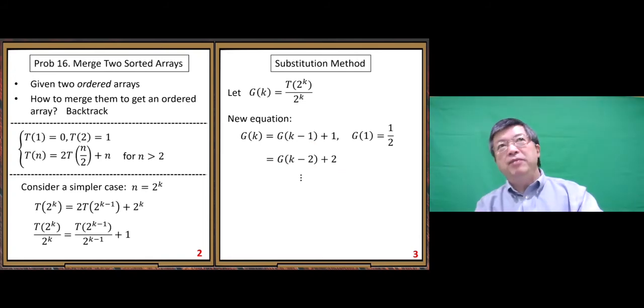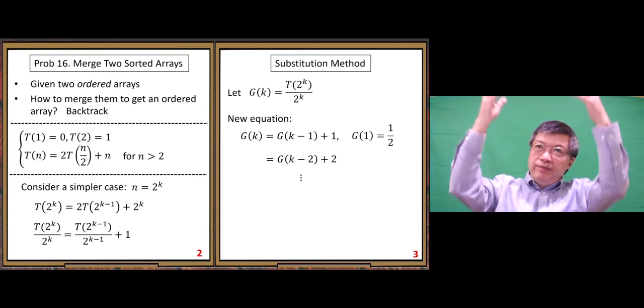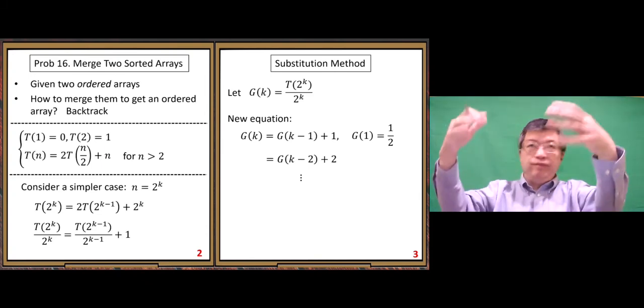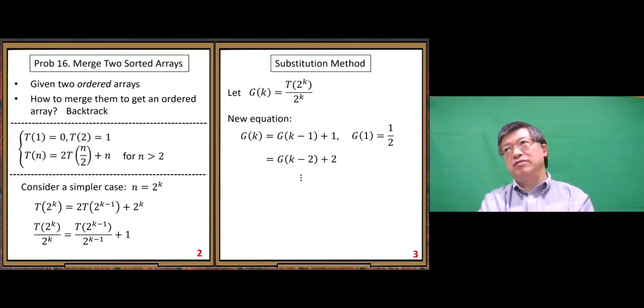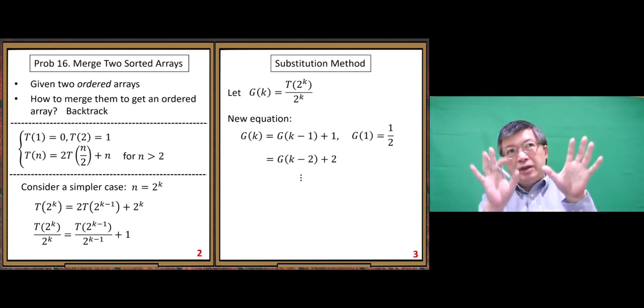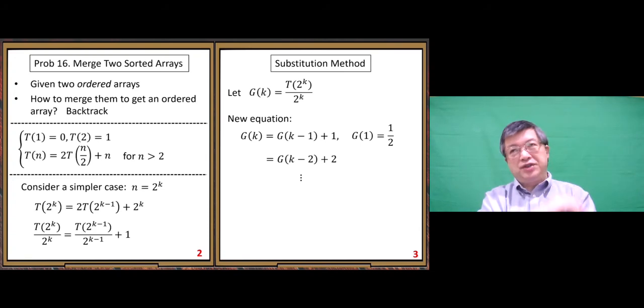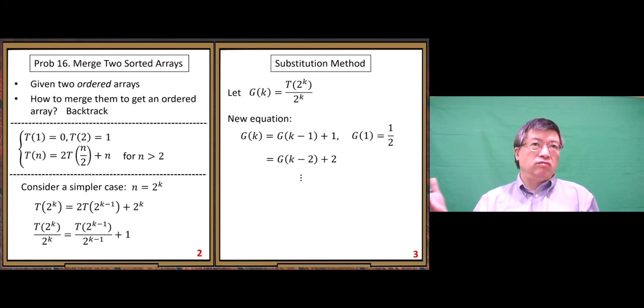But this time, how do we envision the last equation we get? Because for things like this, some students may get lost. We don't know what the end point is. We cannot predict.